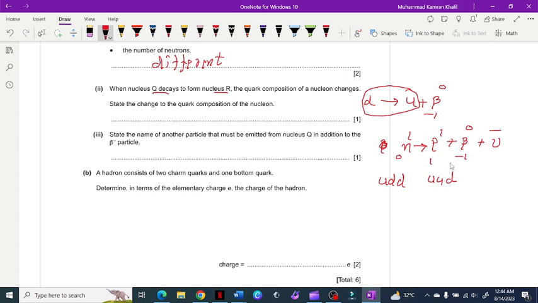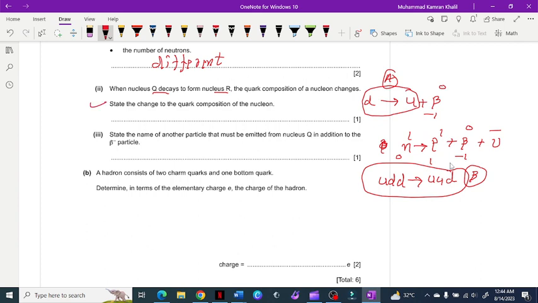For this particular question, you can write that the quarks change from up, down, down to up, up, down. So you may write option A or option B; both options are acceptable.